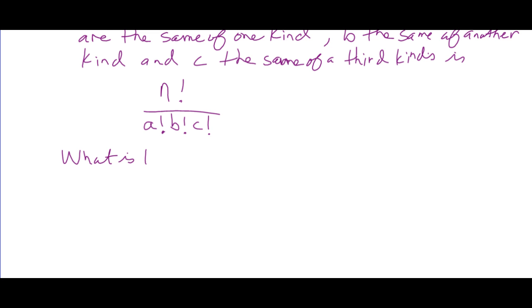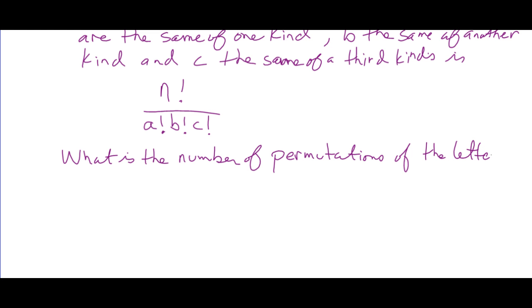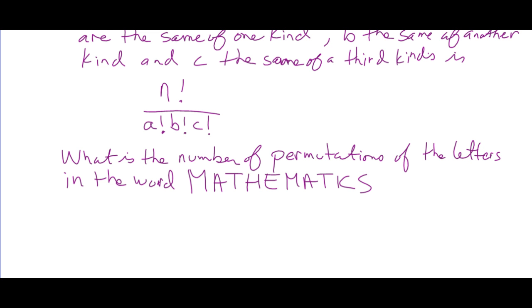So what is the number of permutations of the letters in the word mathematics? Okay, so number of arrangements, the number of permutations, right? Distinguishable arrangements, ones that we can tell apart, of the letters in the word mathematics.